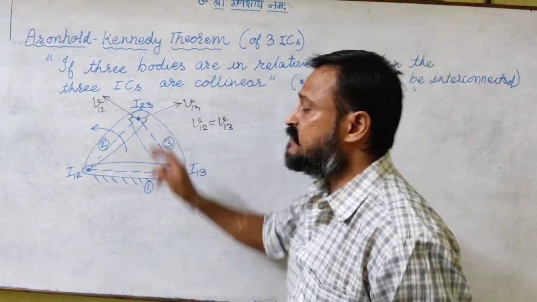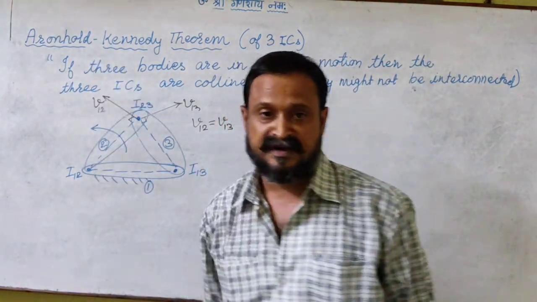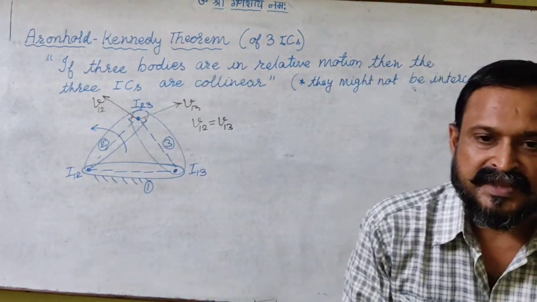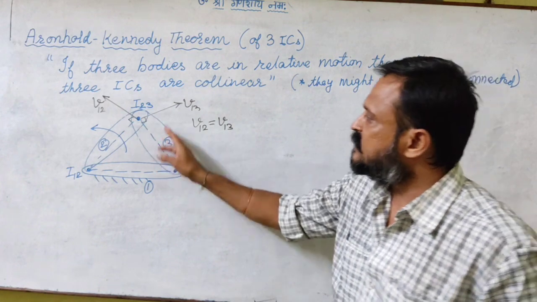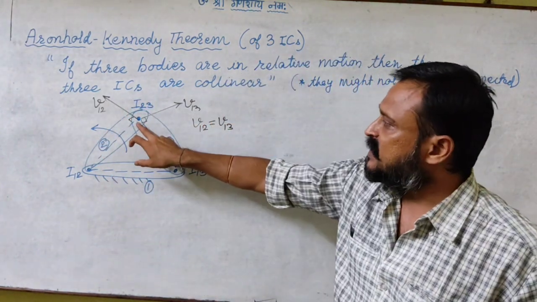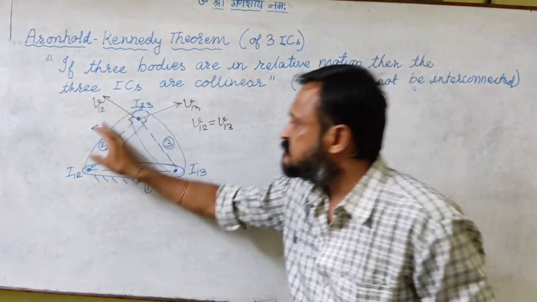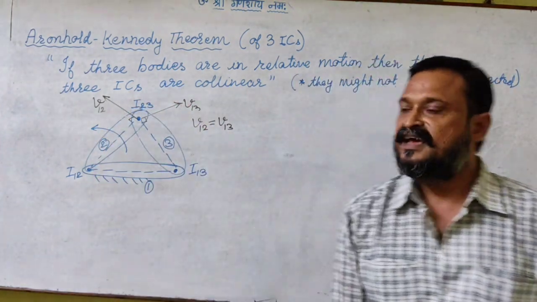That means the velocity vectors are moving away, so this situation cannot exist.